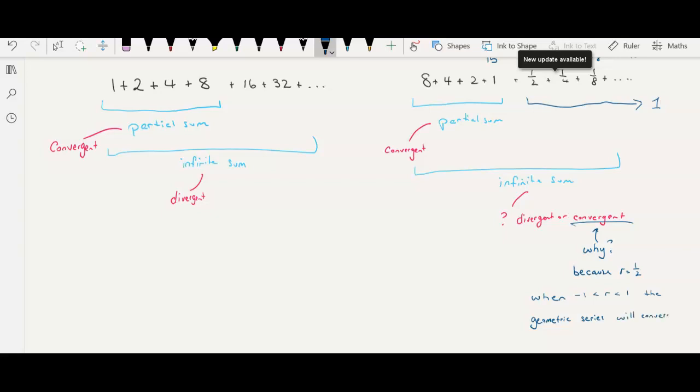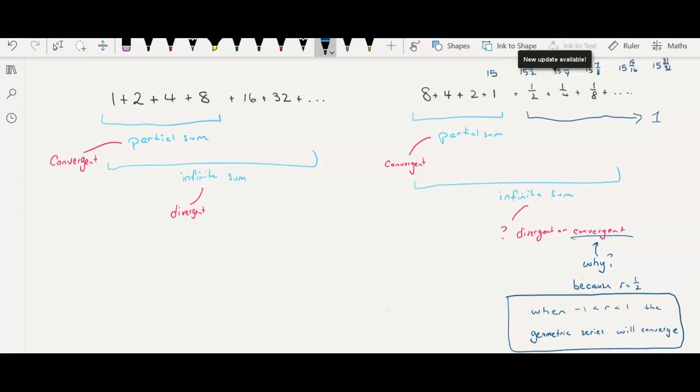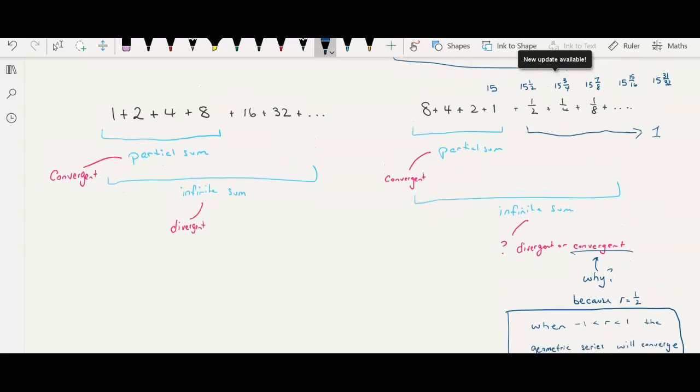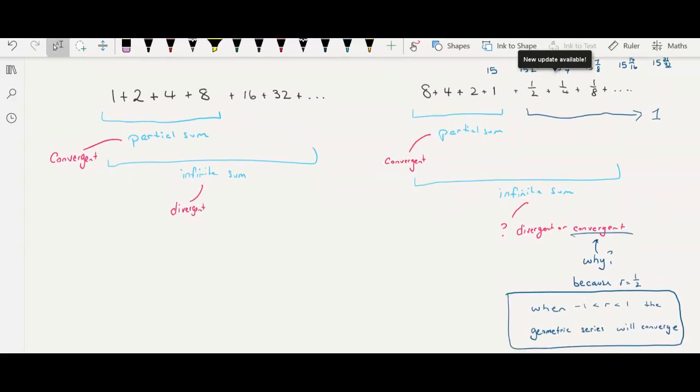That is really our big take-home message from this screencast. When r is between -1 and 1, the geometric series will converge. So let's see what these sums are. This one looks like it's heading to 16. This one is divergent, we know that.